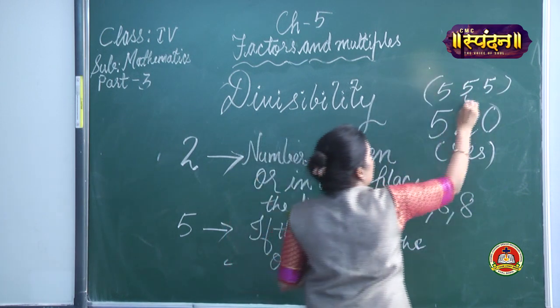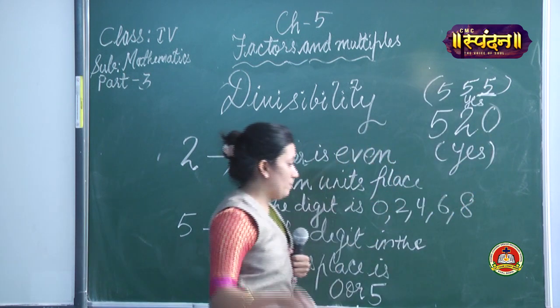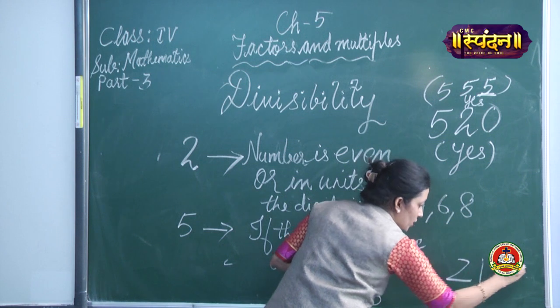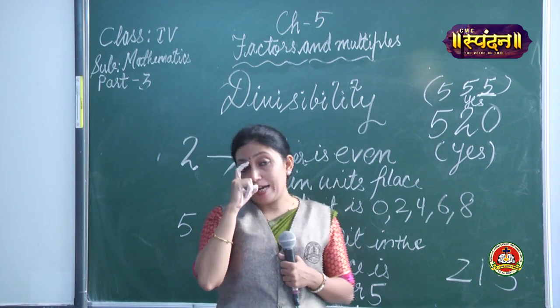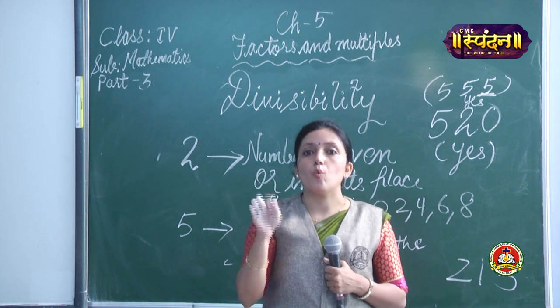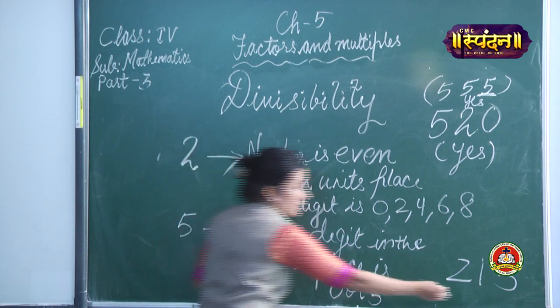yes. Why? Because the ones place has 5. But if I am telling you the number is 213, is it divisible by 5? Is it yes or no? No. Why? Because this is not satisfying the rule.